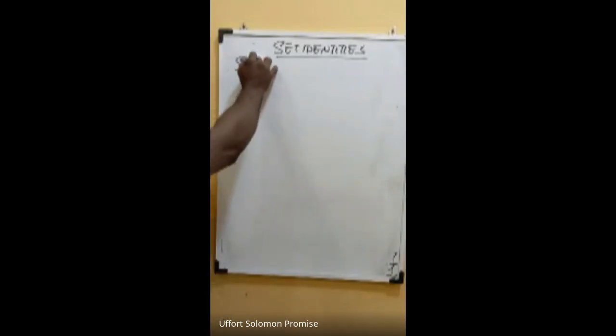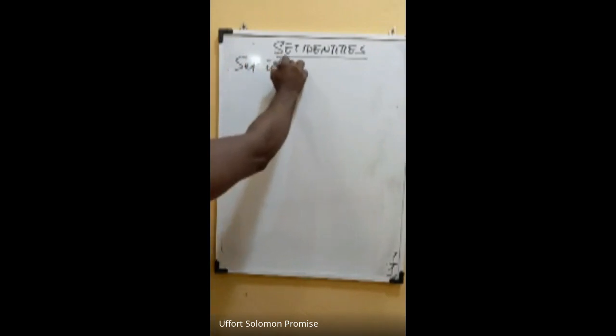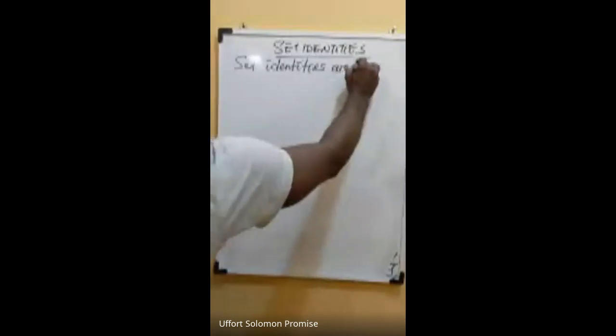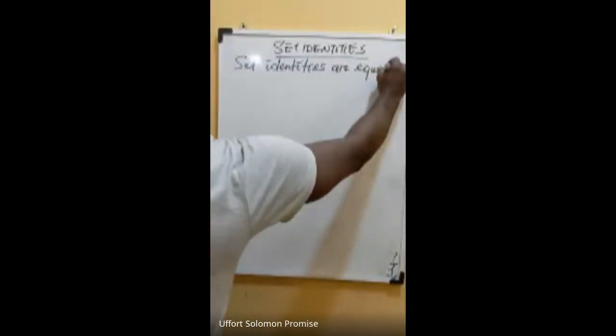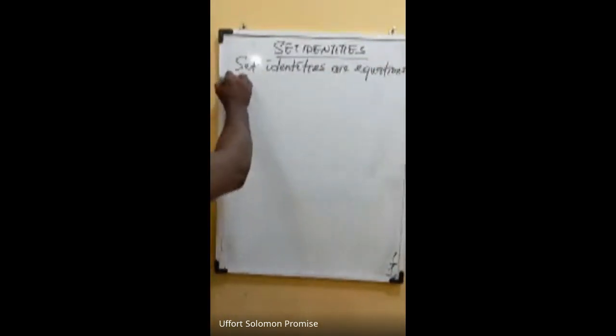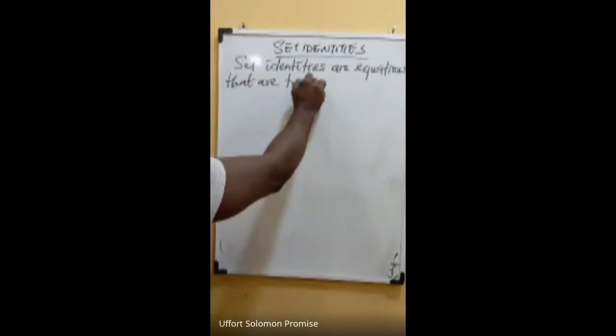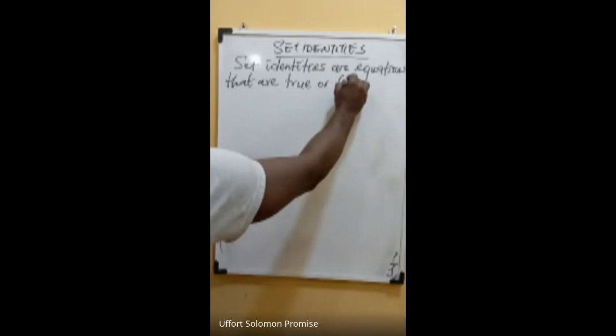Set identities are equations that are true or false.